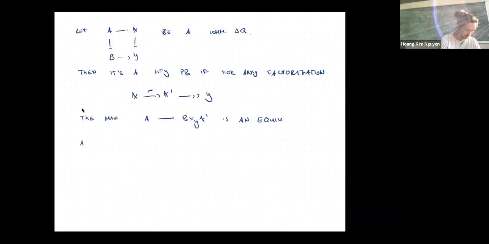And a map from A to B is a homotopy monomorphism if the following squares are homotopy pullbacks.